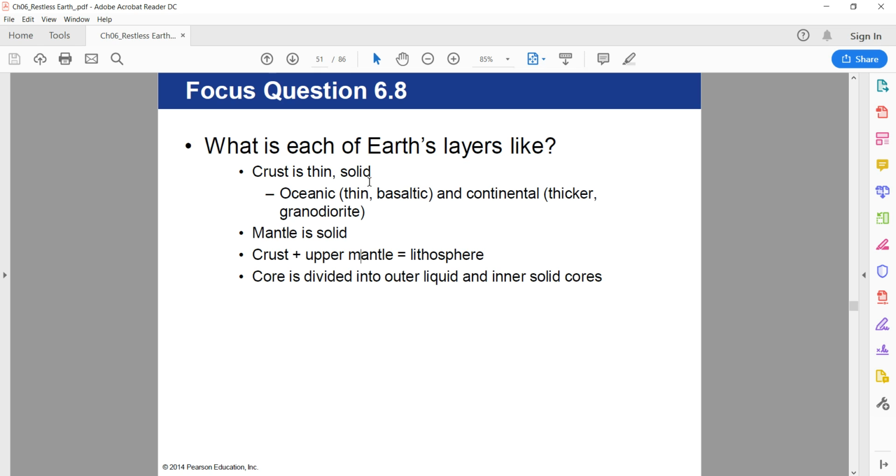Since the crust is of two different types, oceanic and continental, the lithosphere is also of two different types, continental lithosphere and oceanic lithosphere. So the difference between lithosphere and crust is that lithosphere includes the upper mantle as well as the crust. So lithosphere will definitely be thicker than the crust. Crust is just crust by itself.